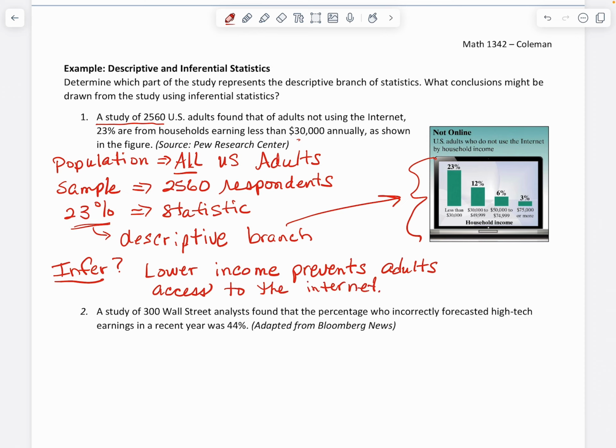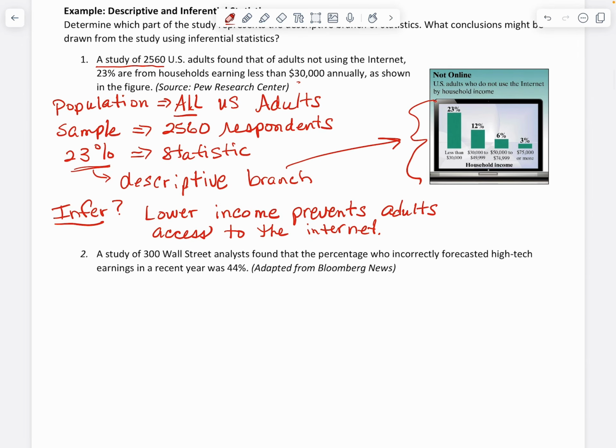Now, there could be other things that you can infer, but that's just one example. Lower income prevents adults access to the internet. And that's certainly something that somebody might look into and see how we can bridge that gap.